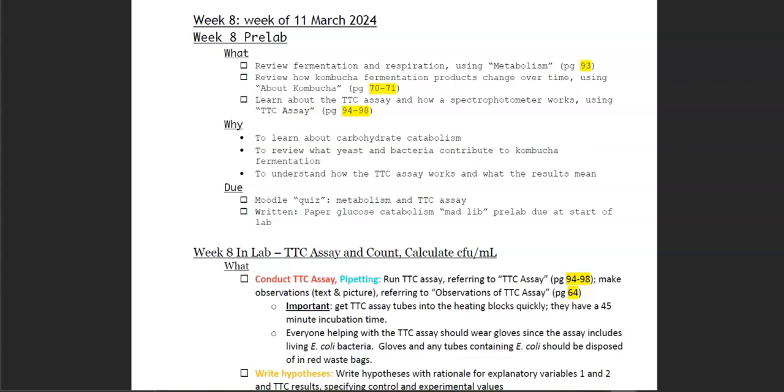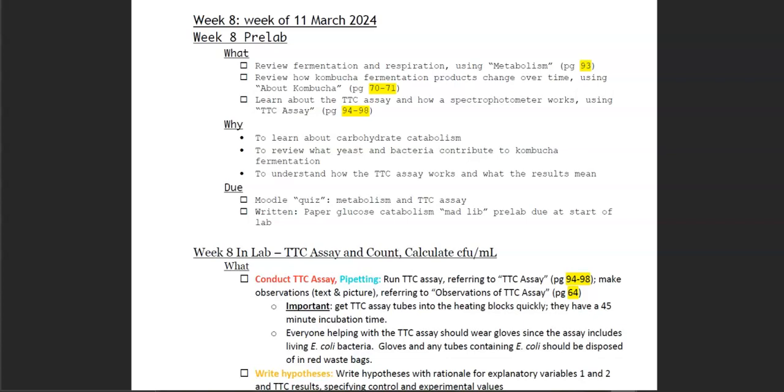Acetic acid is generally very antimicrobial. So the yeast and bacteria in your kombucha are acid resistant. So they can live in a high acid environment and it does not kill them. But most bacteria are not acid resistant and are killed by high amounts of acetic acid.